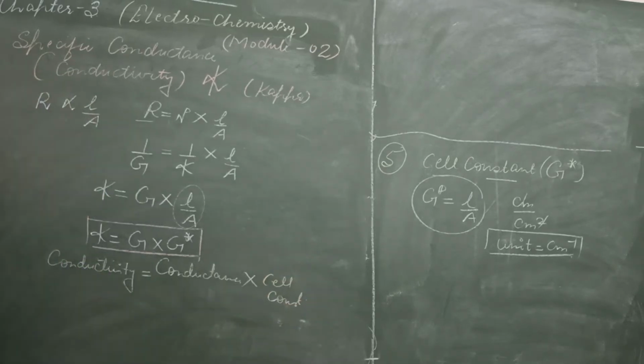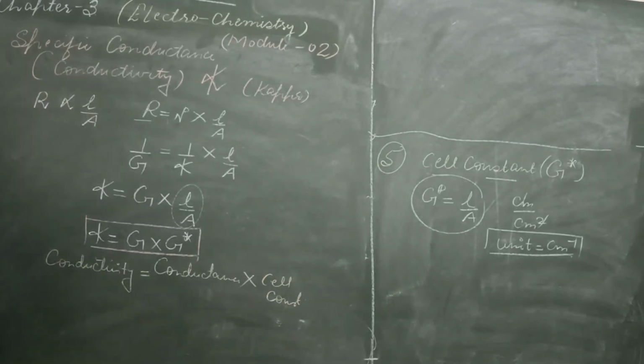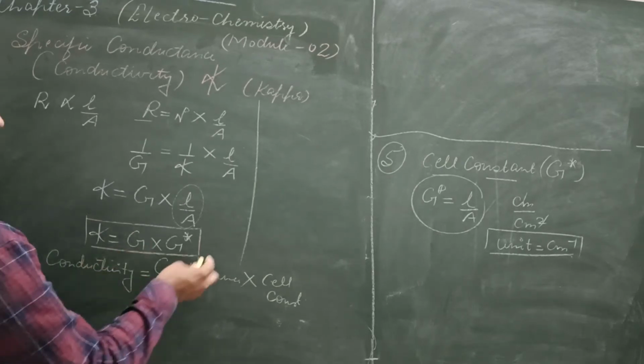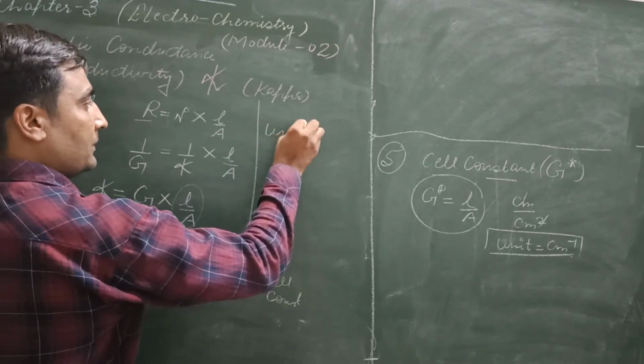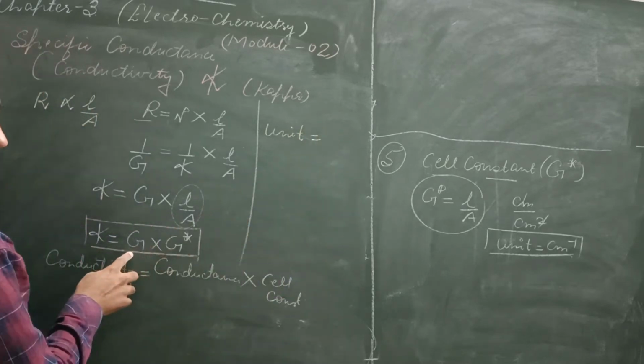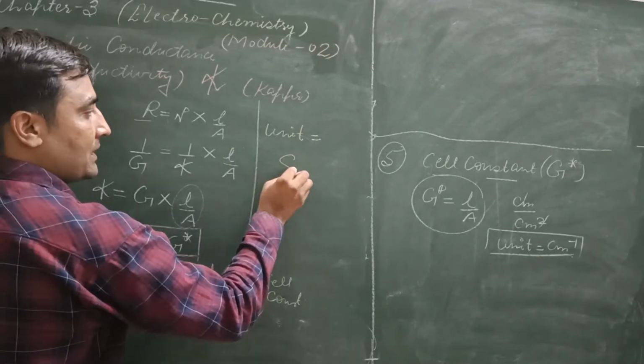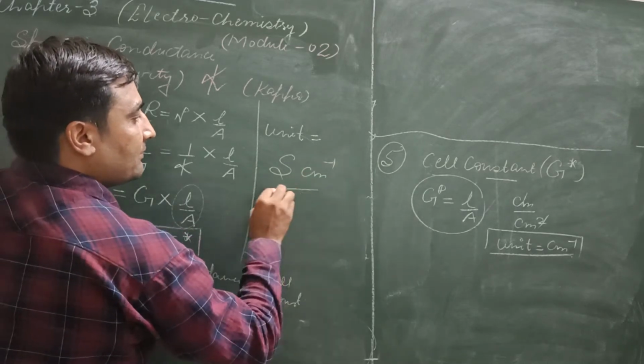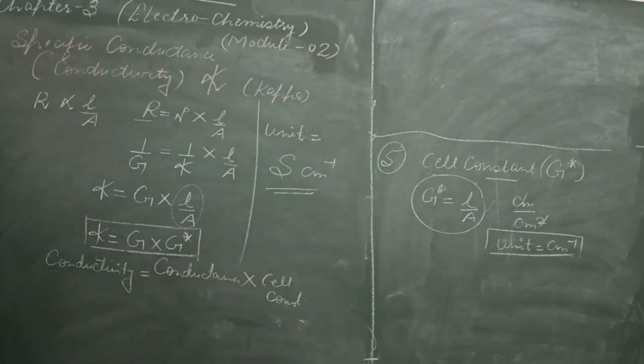From here we find that the unit of kappa equals the unit of G, Siemens, times G star, centimeter inverse. So this will be the unit of conductivity kappa.